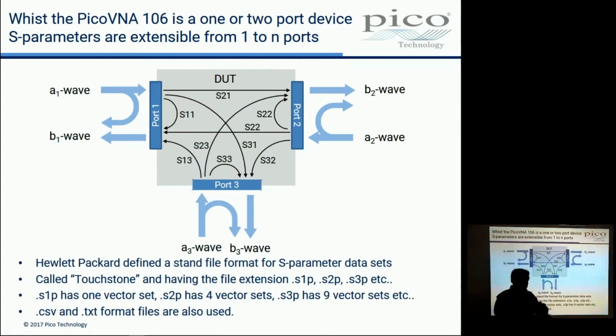Now, S parameters can expand to as many ports as you like. You could have S parameters describing the entire behavior of that balloon. It'd be an absolute living nightmare, but you could. I've drawn here a 3-port. So if I have 3 ports on a device, then there's a relationship between every one of the ports.